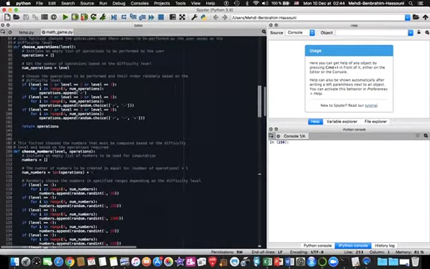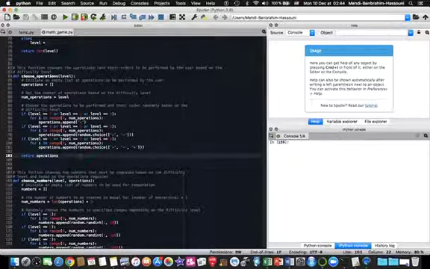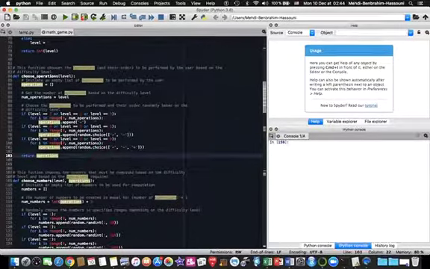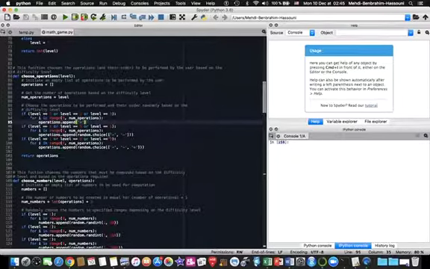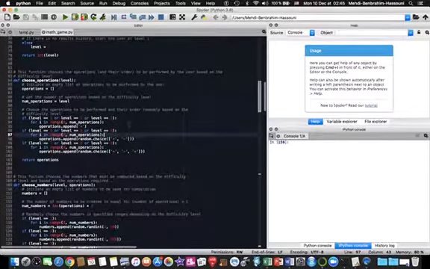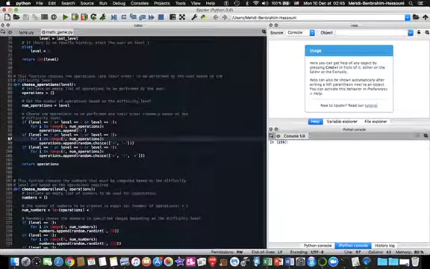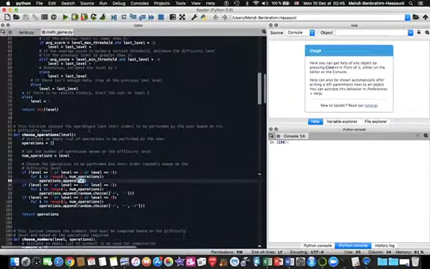The second challenge was to make the computer understand the operations that I defined. In this function, I chose the operations based on difficulty level, but I chose them as characters, as you can see. This was easier for the rest of the program to display the questions, etc. But I had to make sure that the computer would understand, when I wanted it to compute the correct answer, that this was actually the addition operator.